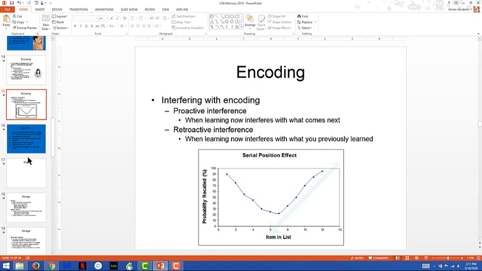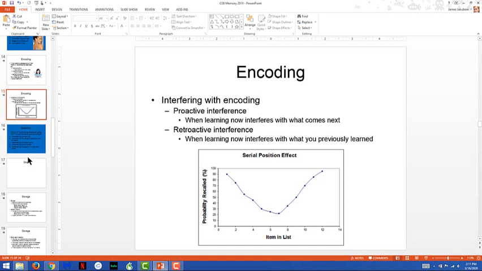That the thing that you're learning now, if you're focused on it very intensely, could actually make it more difficult to remember the thing that had happened just beforehand. And both of those processes actually occur. In fact, to understand what's called the serial position effect that you see on the bottom of the screen, let's think of your memory as only engaging proactive interference.